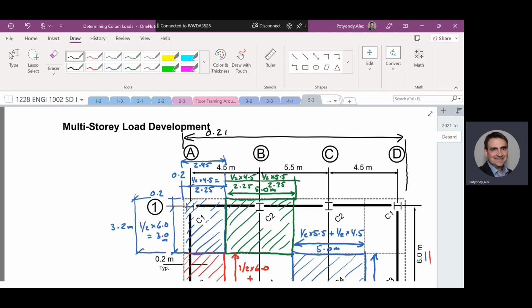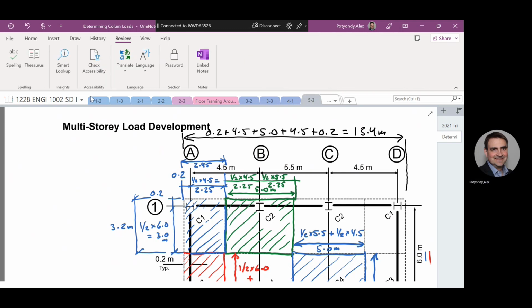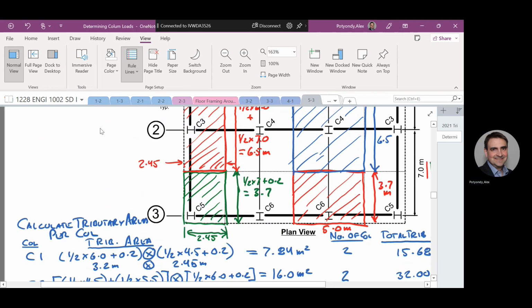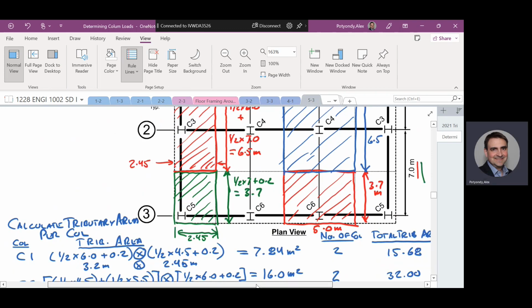So I'm going to have 0.2 plus 4.5 plus 5.0 plus 4.5 plus 0.2. And that's going to give me, I believe, 13.4 meters. Okay. And then the other dimension, and it's going to be a little trickier to nail down.